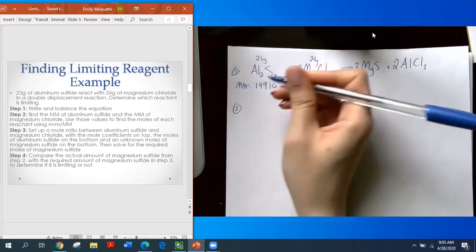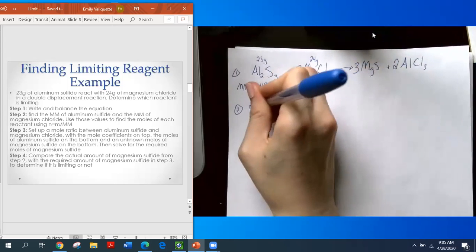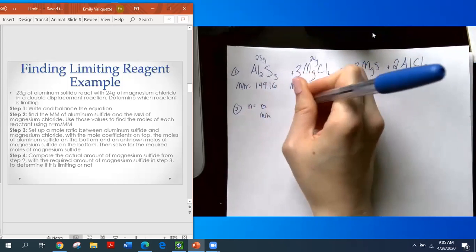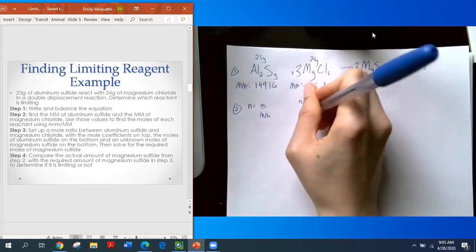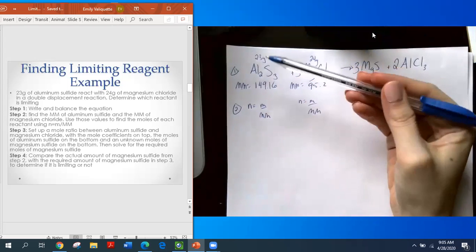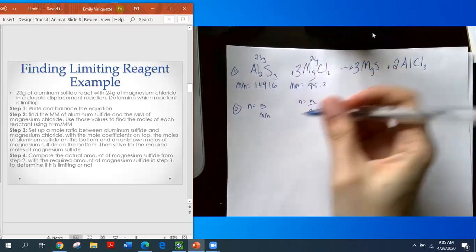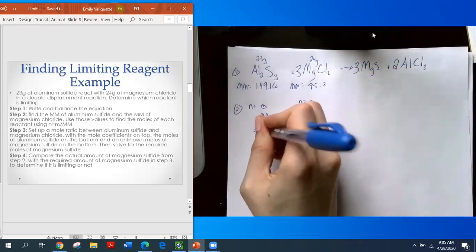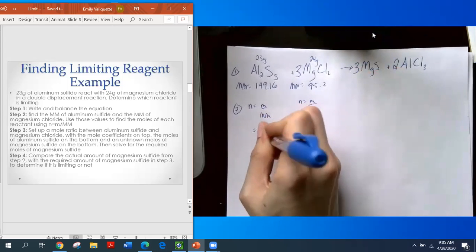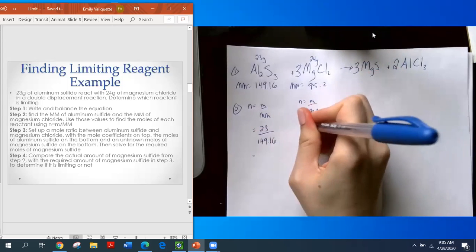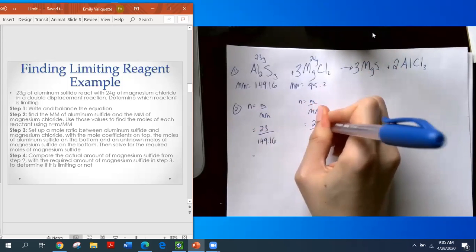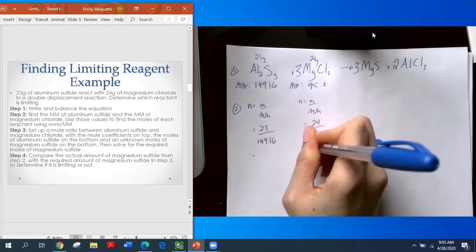My second step is going to be to do moles equals mass over molar mass for both reactants. So I'll have 23 over 149.16. I'll also have 24 over 95.2.